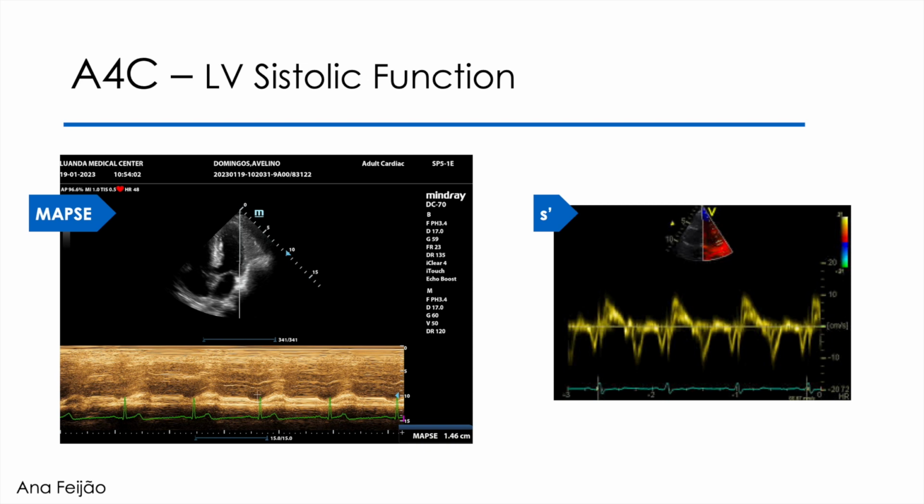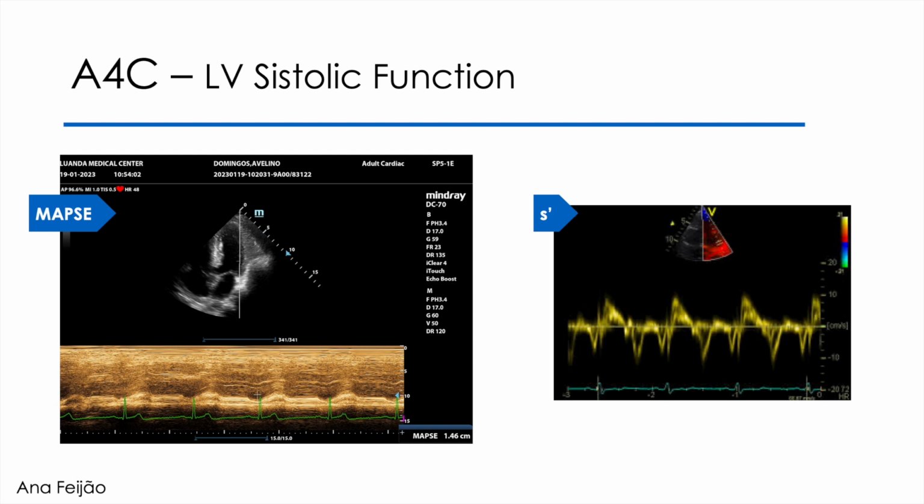Mitral annulus plane systolic excursion and mitral annular systolic velocity are another left ventricle systolic parameters. Both of these measurements evaluate the apical movement of the mitral annulus, which in compromised ventricular function is not so exuberant.